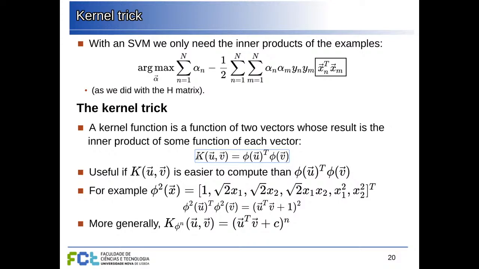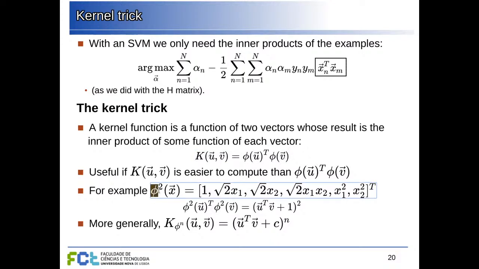So if we have this function that allows us to compute the same as the inner product of those other functions of the vector, this is the kernel function. And the usefulness of the kernel function is that it can be very much easier to compute than actually computing these transformations and then the inner product there. So let's see an example here.